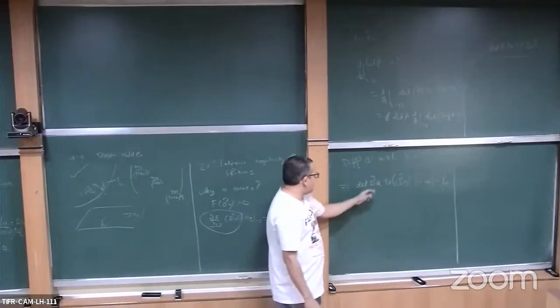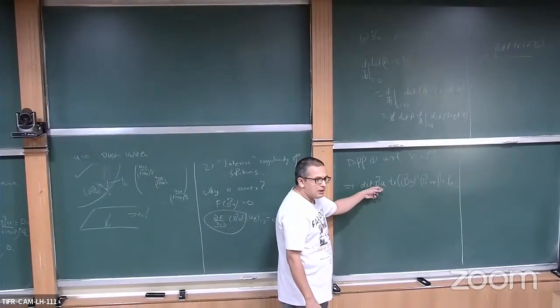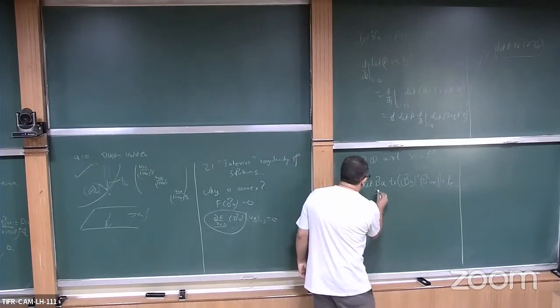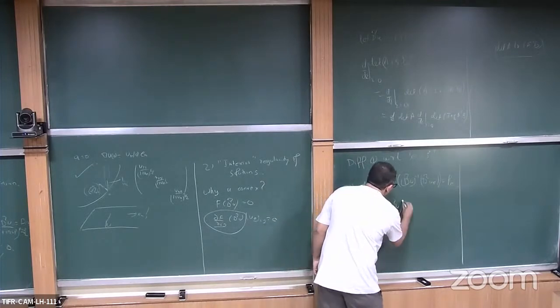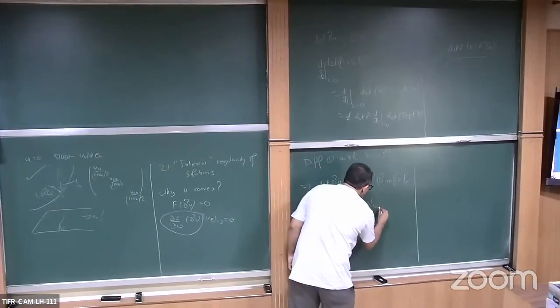Clear? And what is det of D square u? That is f, right? Therefore, I get the trace of D square u inverse times D square u_e.